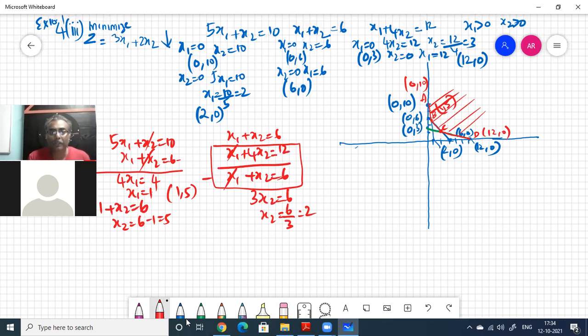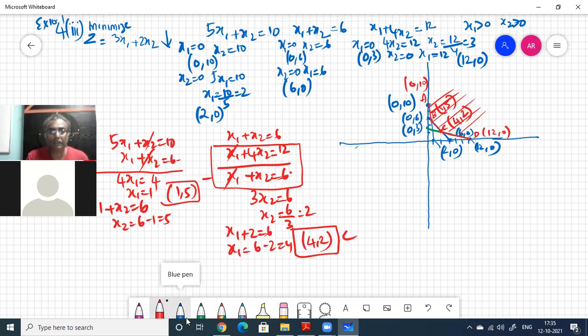Then substitute in this one. x1 plus 2 equal to 6. x1 is equal to 6 minus 2 is equal to 4. So the point is 4, comma 2. This is C. And 1, comma 5 is B.